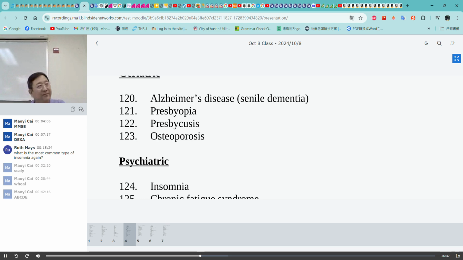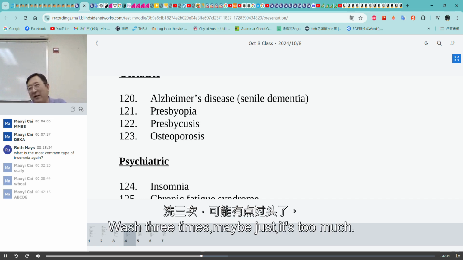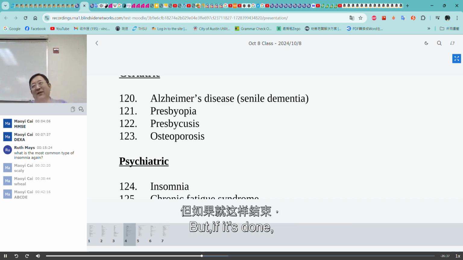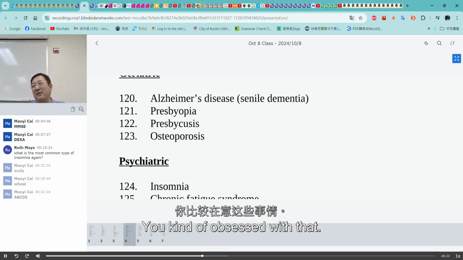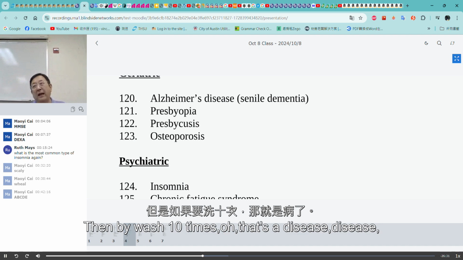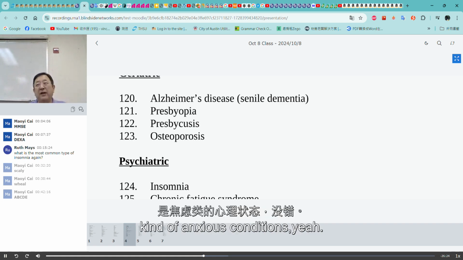What kind of disorder? OCD. You wash once, good habit. Wash twice, okay. Wash 3 times, people just say you're too much. But that's fine, you have a personality, you're kind of obsessed with that. But wash 10 times? Oh, that's a disease. So remember that. This is usually with anxiety, anxious conditions.